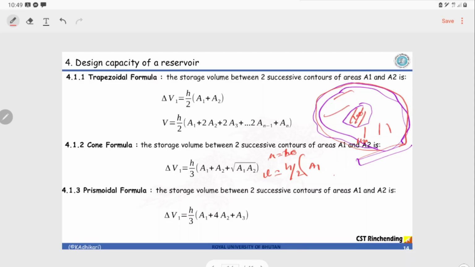This is how the trapezoidal formula, or the cone formula, prismoidal formula is used. Only the formula is different, the concept is the same. Here A1 means the area enclosed within one particular contour, A2 means the area enclosed within another contour, and h is the contour interval.